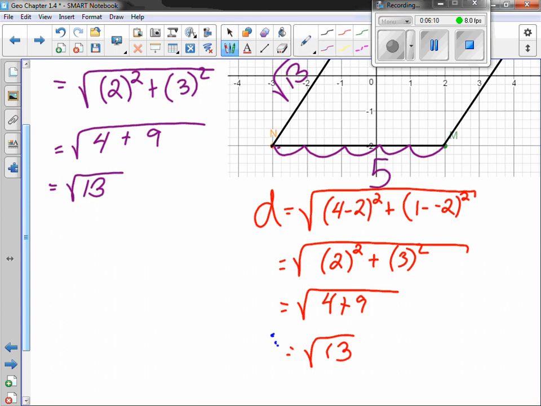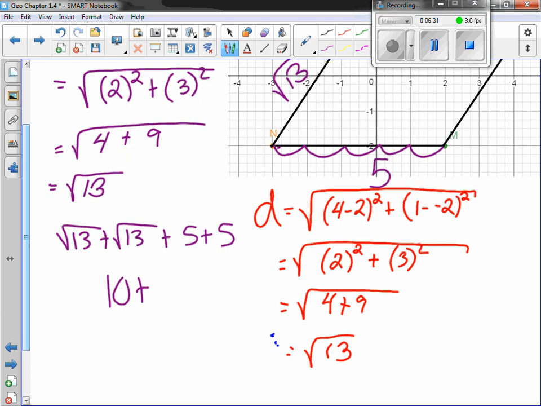So what are our two side lengths here? We have the square root of 13 and the square root of 13. And 5 and 5. Those are our 4 lengths, yes? What's 5 plus 5? What's the square root of 13 plus the square root of 13?